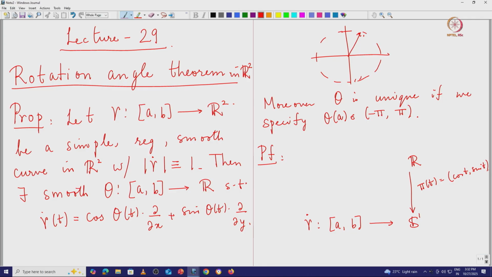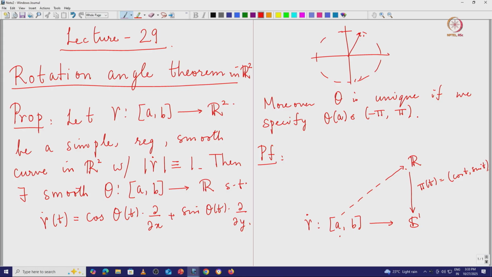This is a basic fact we learn in the theory of covering spaces: if you have a curve such as this, because R is its universal cover, R is simply connected, there exists a unique lift as long as you specify the initial value, right.